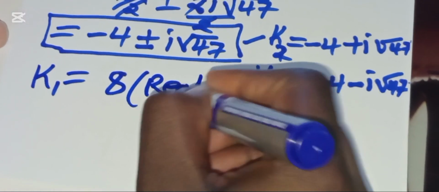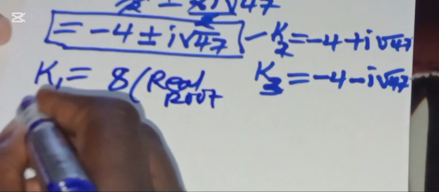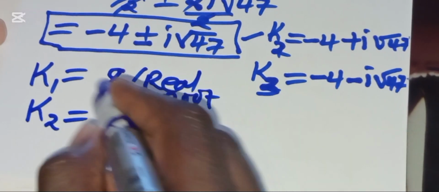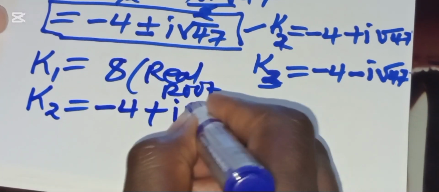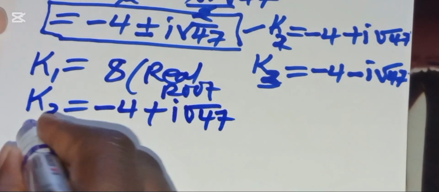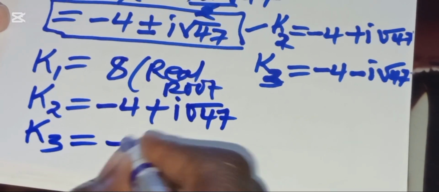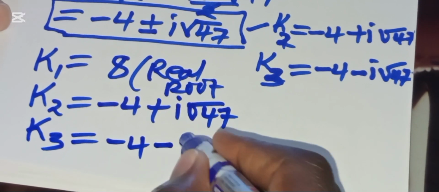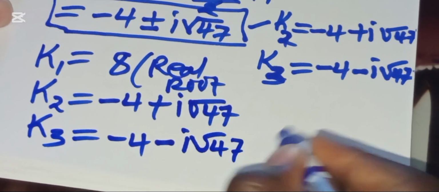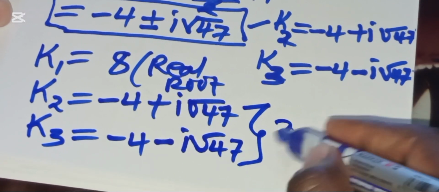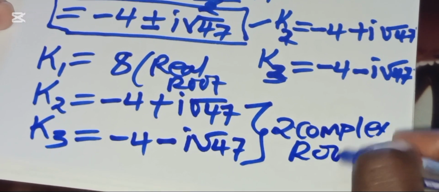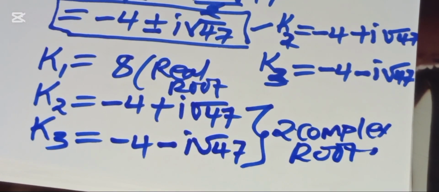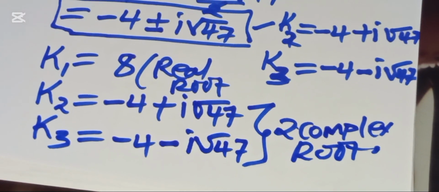We have k2, which is equal to negative 4 plus i square root of 47, and k3, which is equal to negative 4 minus i square root of 47. These are two complex roots, and that's the solution to our math problem.